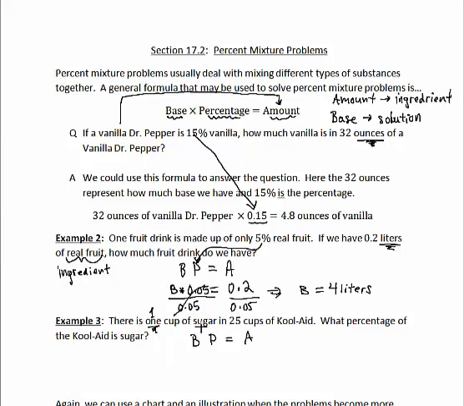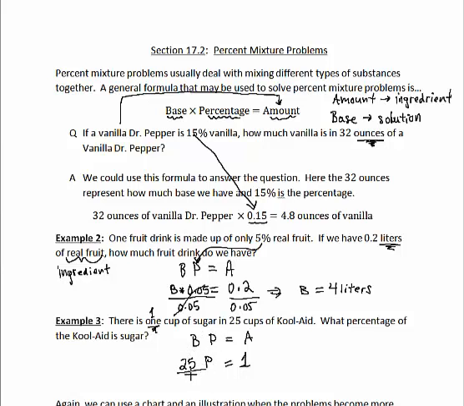Well, 1 refers to sugar, which is an ingredient of Kool-Aid, and so 1 is going to go in the place of the amount. Kool-Aid is a mixture of water, Kool-Aid, and sugar. So 25 would take the place of our base, and we don't know the percentage, so we keep the variable p.